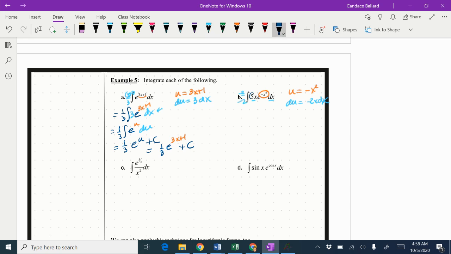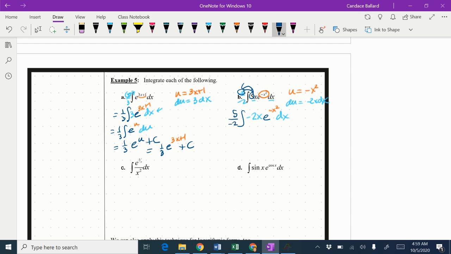I'm going to take this 5 out front, so 5, and I'm squishing the negative 2 inside, negative 2x e to the negative x squared dx, and then I still have this negative 2 out front.